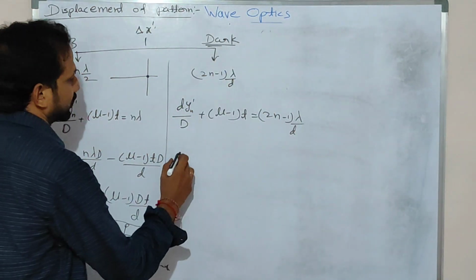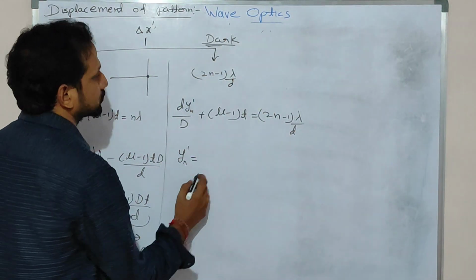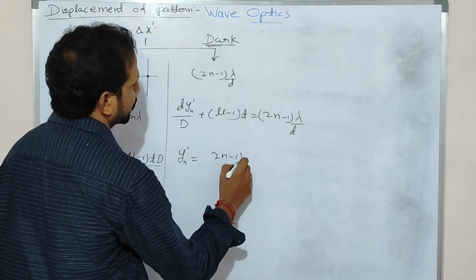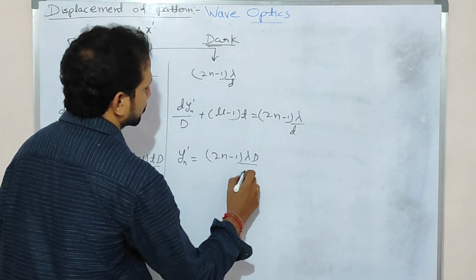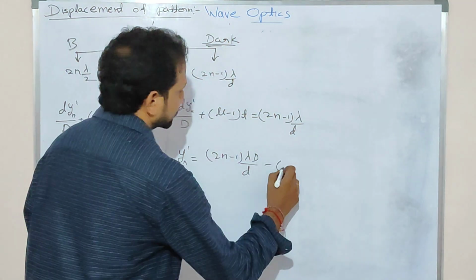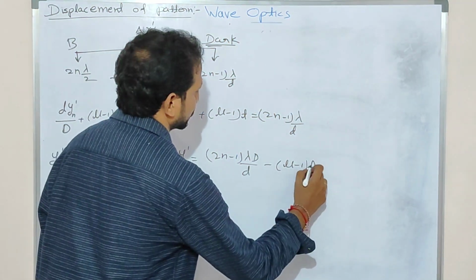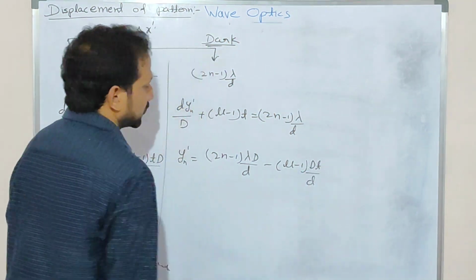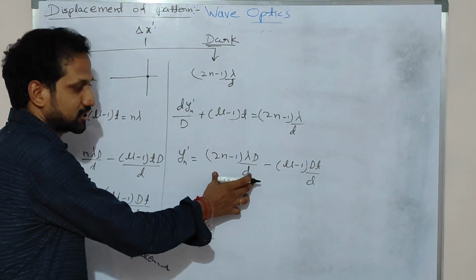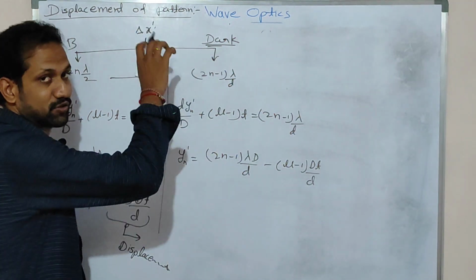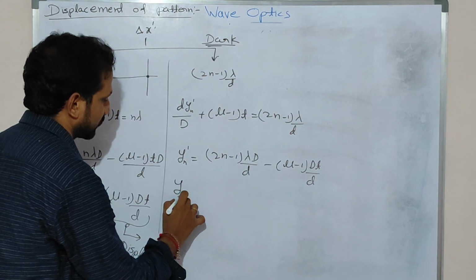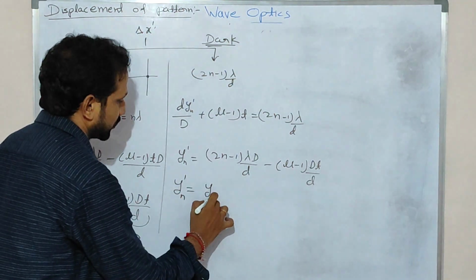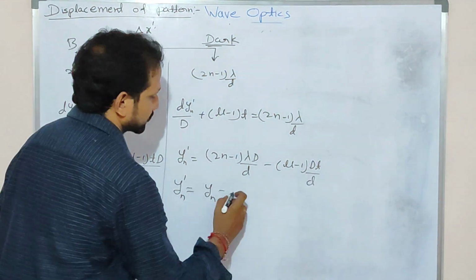You can solve for yn prime here: yn prime equals (2n minus 1) into lambda capital D by 2 small d, minus (mu minus 1) into Dt by small d. See, this is the nth dark fringe in the case where there was no film. So yn prime equals yn minus this shift.